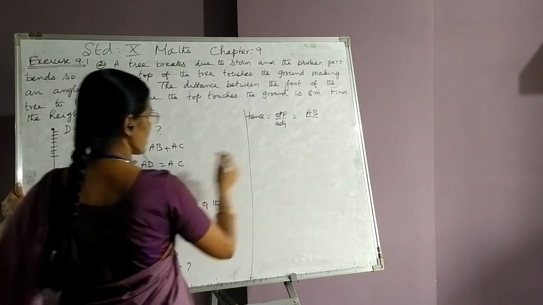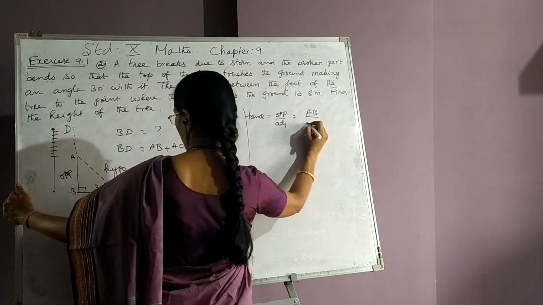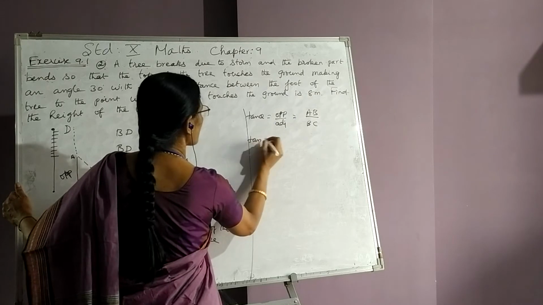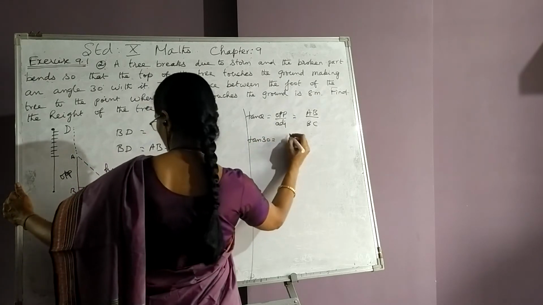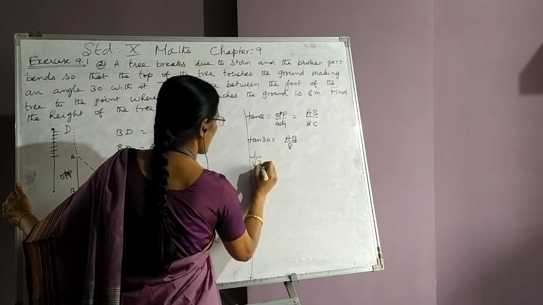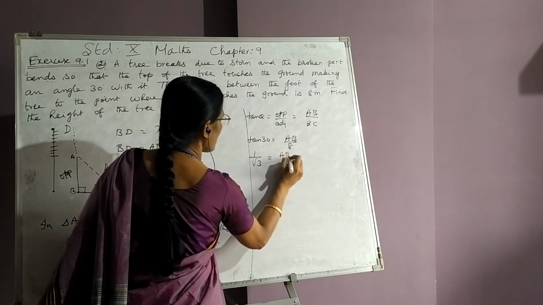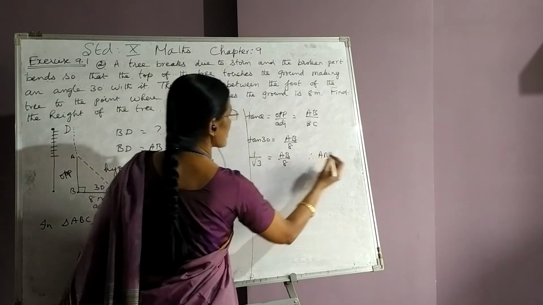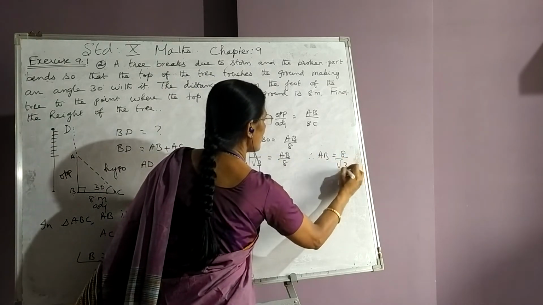Adjacent is 8 meters. Tan theta, theta is 30 degrees. So tan 30 is AB upon 8. Tan 30 is 1 upon root 3. So 1 upon root 3 equals AB upon 8. Therefore, what is AB? 8 comes here. We will get 8 upon root 3.